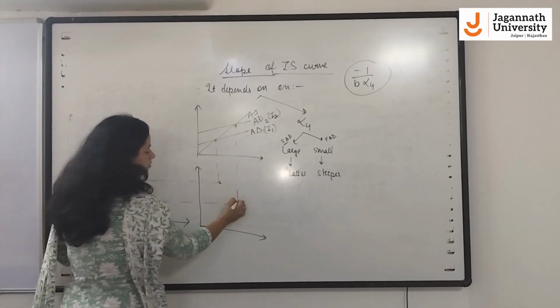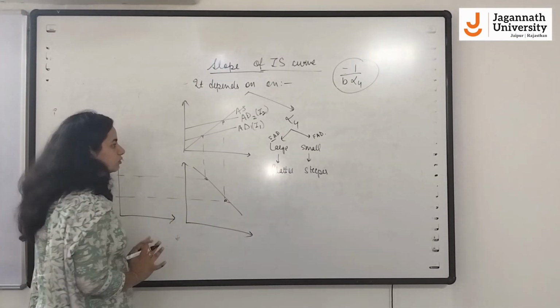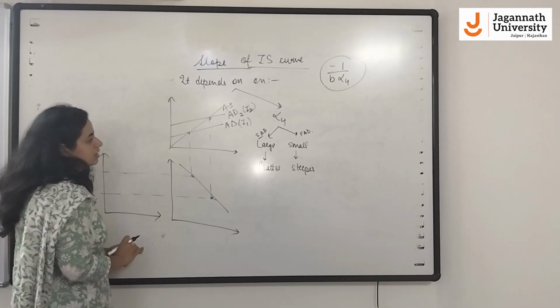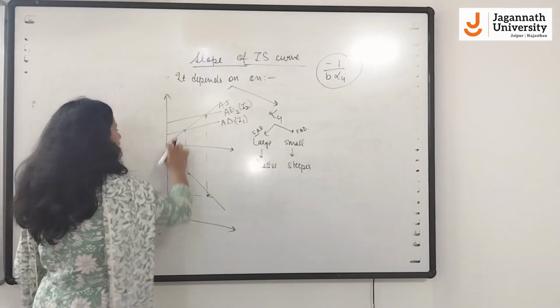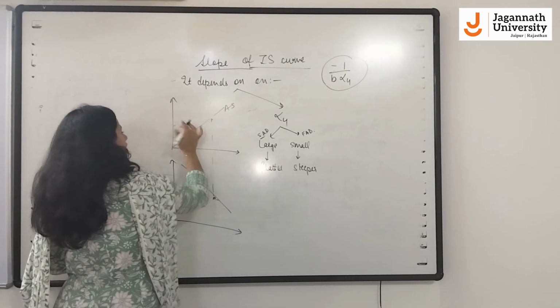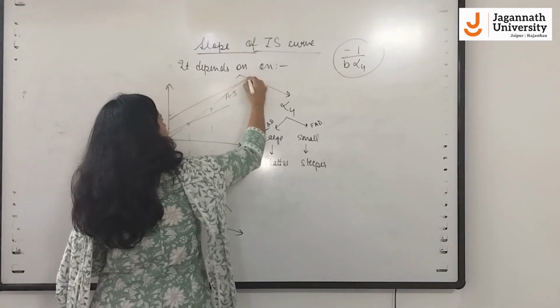When I bring down these points, you see this is the IS curve that I got. Now I am not going to move this IS curve, I am just going to change my ADs. This is with alpha G1, the first government multiplier. Suppose my ADs now become like this. I make them much steeper, can you see?